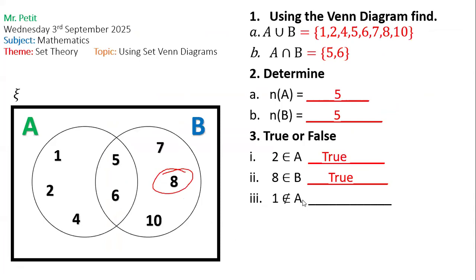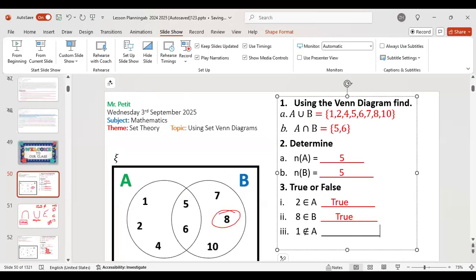But we have a problem because it truly is an element of A. 1 is an element of A, so that means we have the right answer, false.